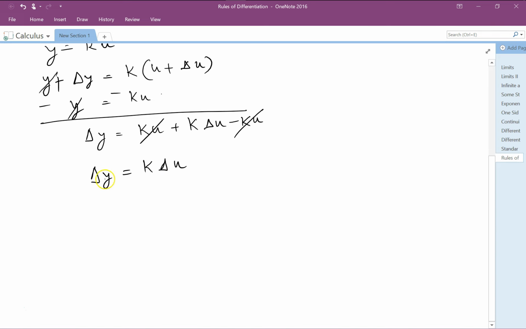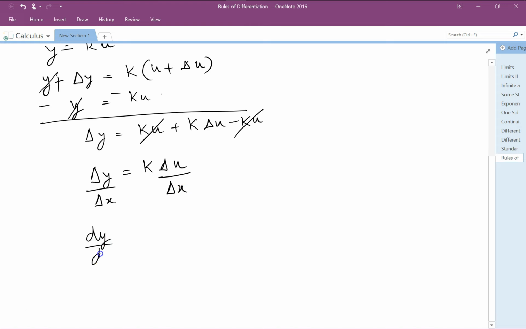Now we want delta y by delta x. So divide both sides. Now derivative is what? Derivative is if we take the limit of this expression for delta x tends to 0.